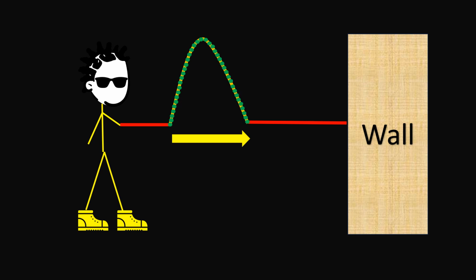Well, the particle first appears to move upwards until a maximum height. This maximum height we call the amplitude. After the particle reaches this amplitude, it starts to travel down.